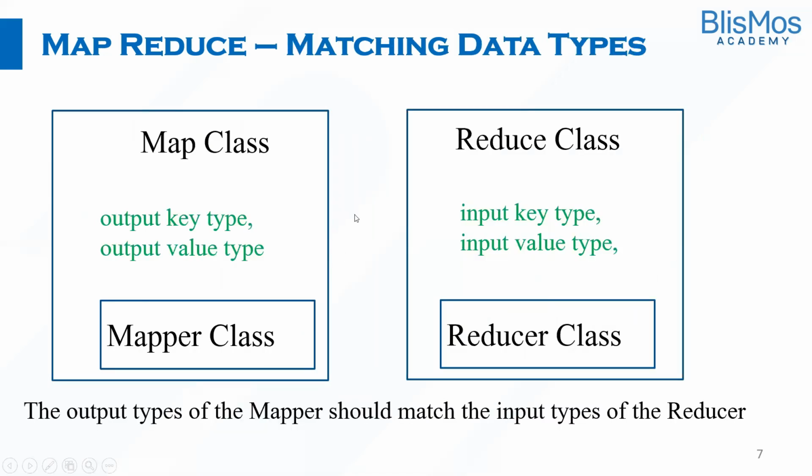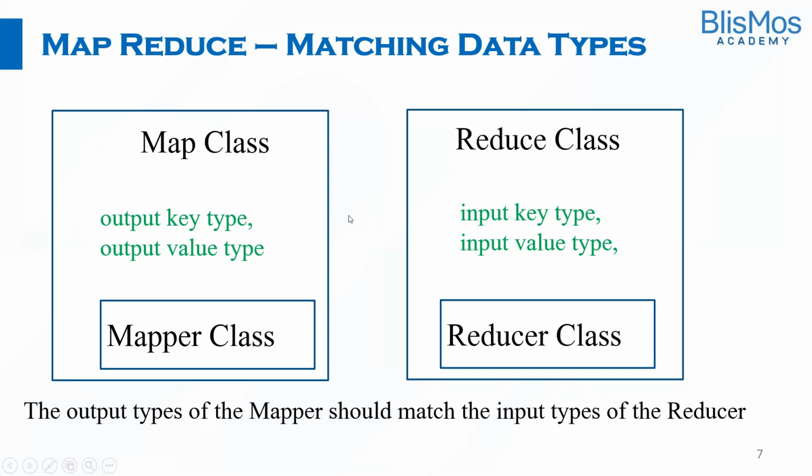One of the very important aspects which we have to remember is that the output key type of a map class should be the same as the input key type of a reducer class. For example, if the output key type is an int, then we should have an int here. And if the output key type is a string, it should be a string here.